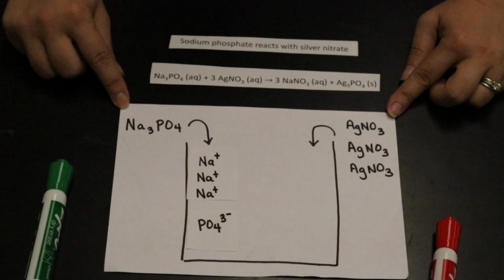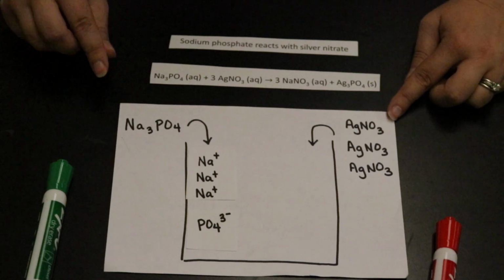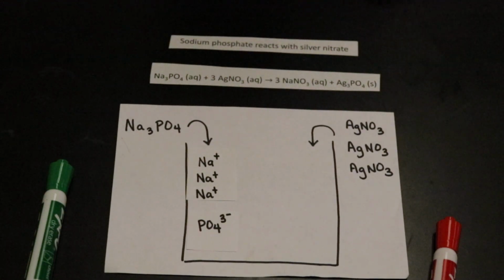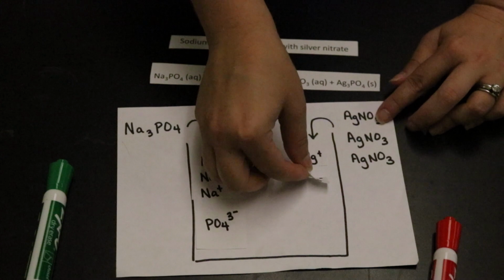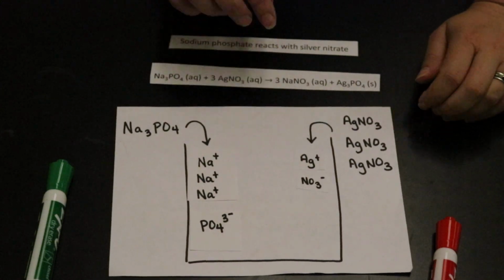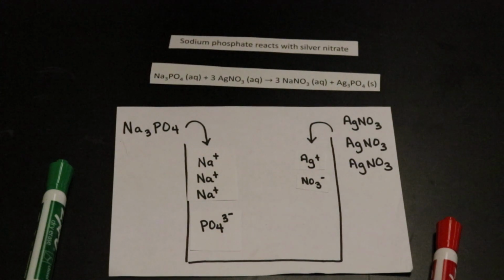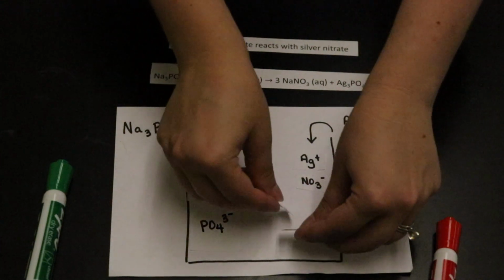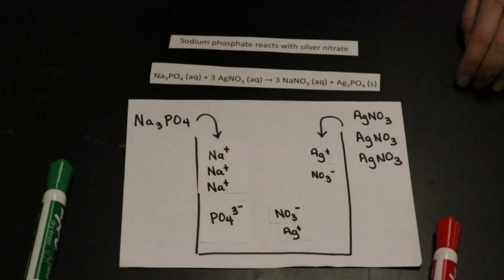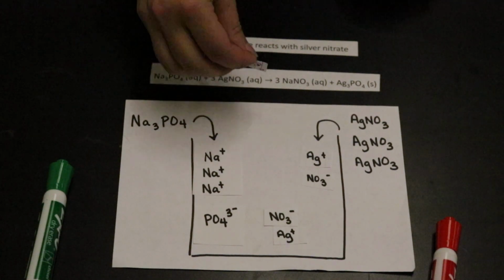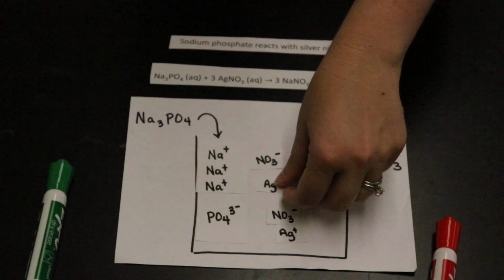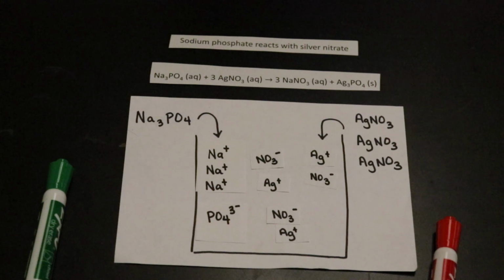The same idea is true when you're looking at AgNO3. One AgNO3 will break apart into Ag plus and NO3 minus. A second AgNO3 will break apart into another Ag plus and NO3 minus. And the third substance will also break apart into its ions.